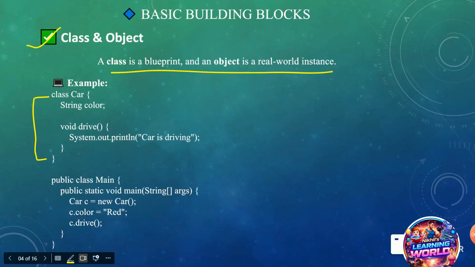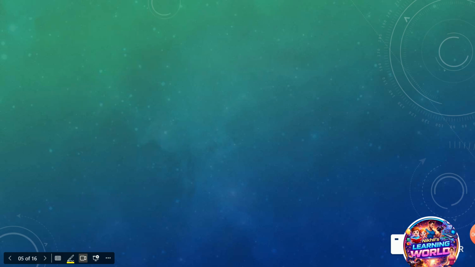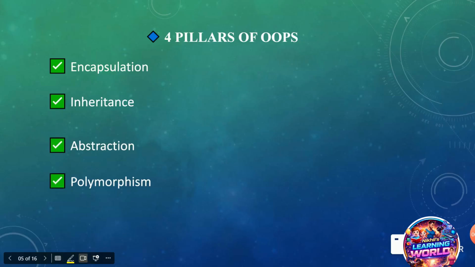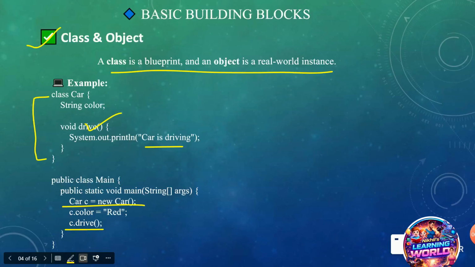In this example we can see String color and void drive, with System.out.println "car is driving". So "car is driving" will be the print statement in the console, and the function name is drive. In the main, public static void main, the main is the main function, and program execution starts from the main function.